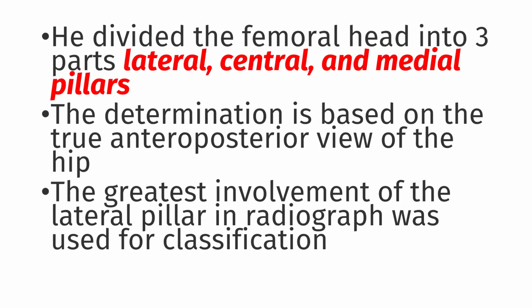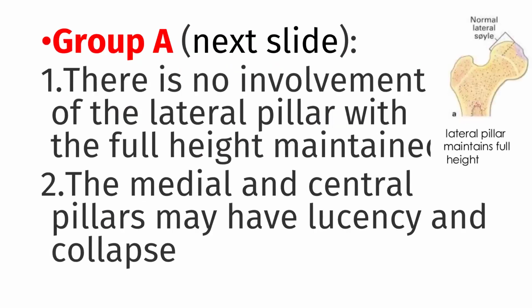The greatest involvement of the lateral pillar in radiograph was used for the classification. Group A, there is no involvement of the lateral pillar with the full height maintained. The medial and central pillars may have lucency and collapse, but the lateral pillar is still intact and not collapsed.